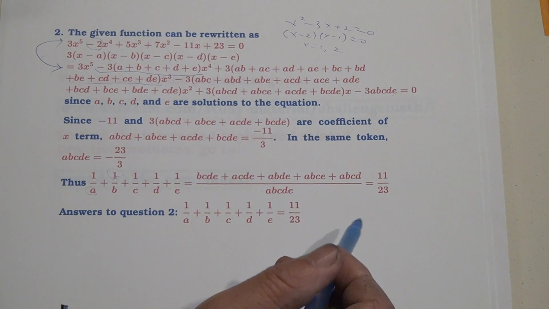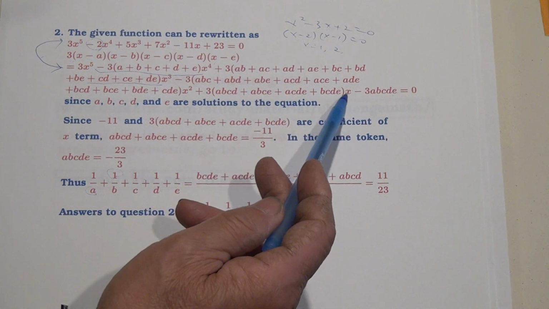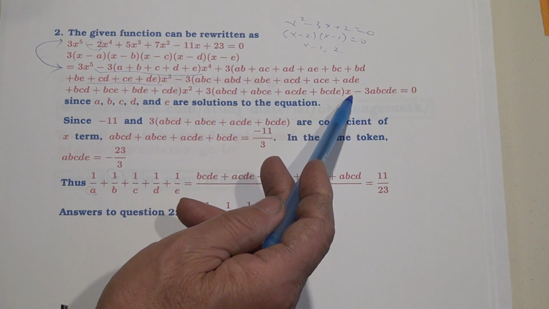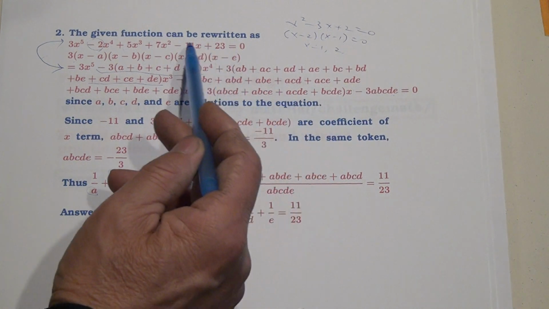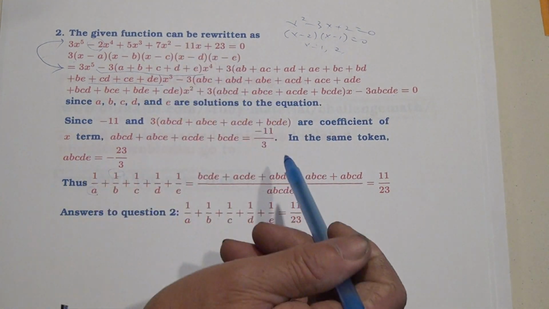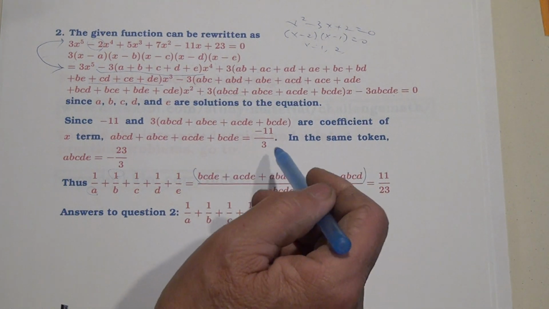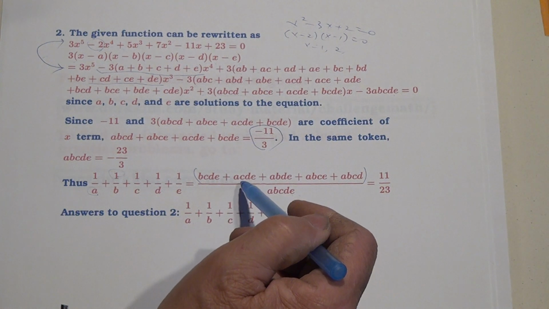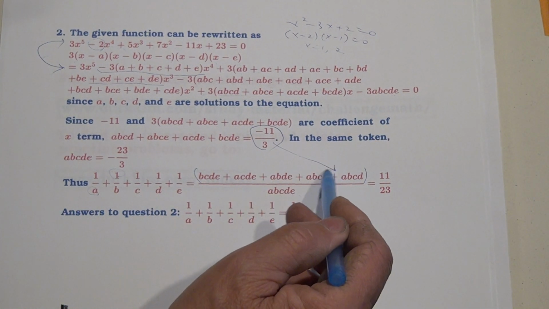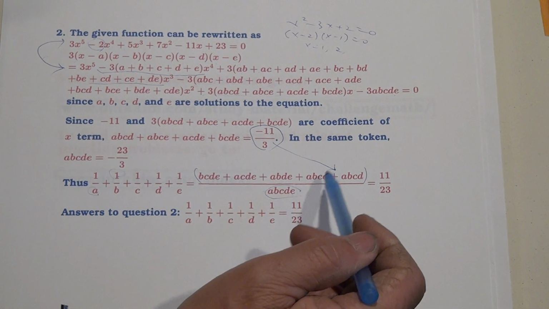Just before, the coefficient of the product of four means what? The x to the first power, okay? Which is this one, and this one must be the same. Okay? So this value will be the same as minus 11 over 3. You plug in here, and then at the bottom you have a, b, c, d, e product form.